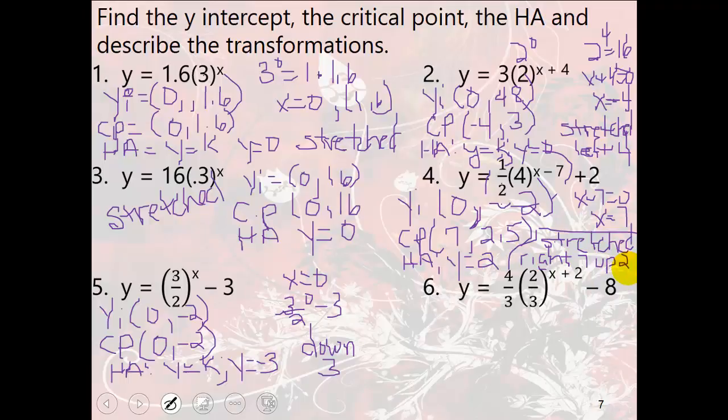Right, and number 6, my y-intercept, I have to plug in a 0. And so I get 0, and what's that decimal approximation?